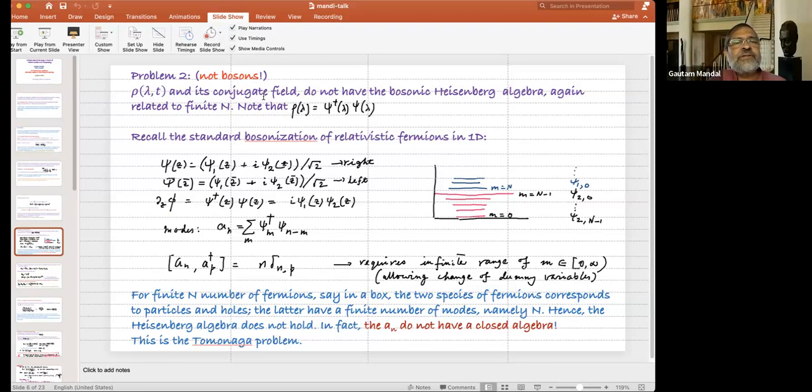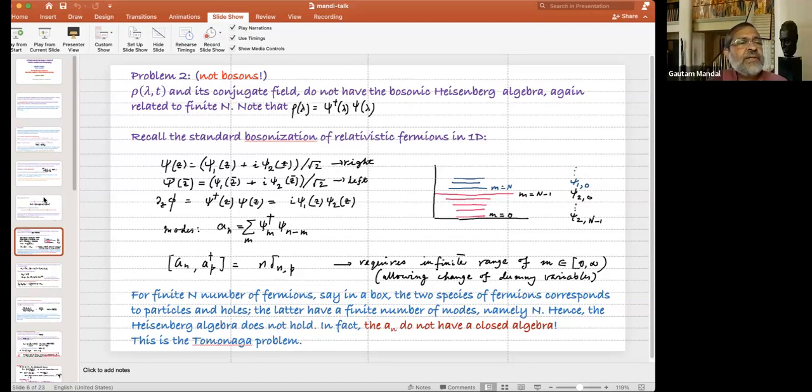Rho of lambda t and its conjugate field, which is usually called pi of lambda t, do not satisfy a Heisenberg algebra, meaning the algebra like this.